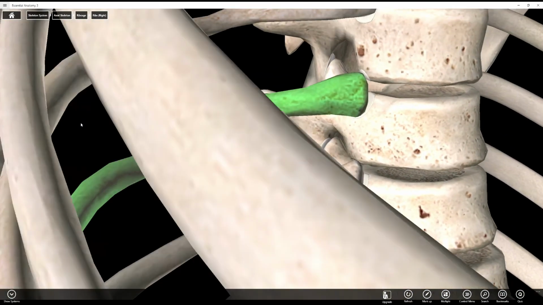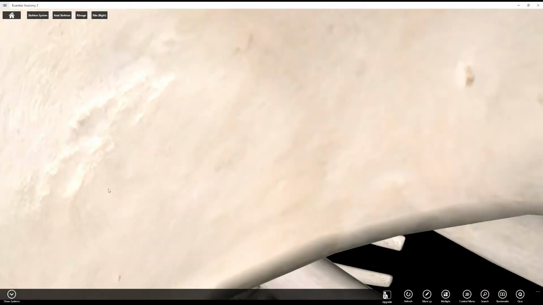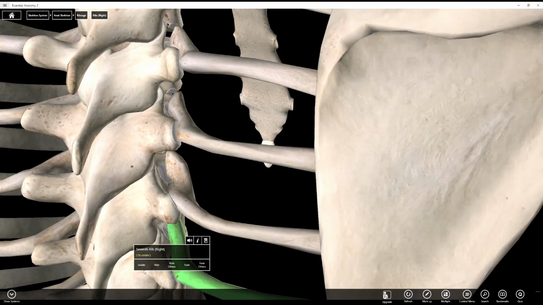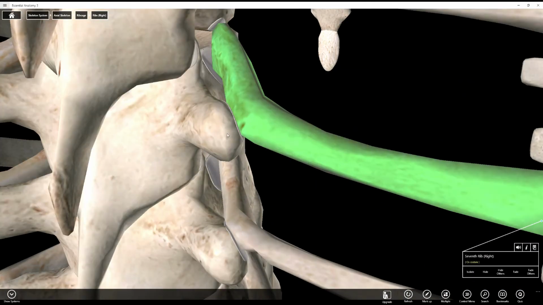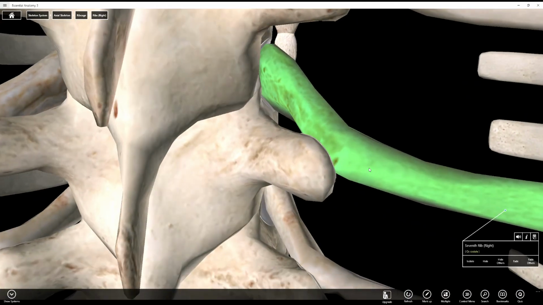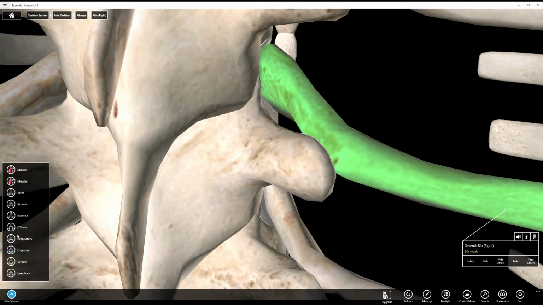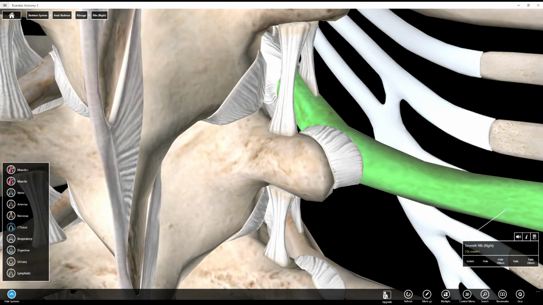So the articulating tubercle is the attachment, sorry guys, bear with me, between the costotransverse facet and the rib, and it is smooth. Now this might not go well, but let's add back in some ligaments and see if we can see. Okay, there we go. So there's a ligament that wraps around this joint, and the ligament attaches to the non-articulating tubercle.